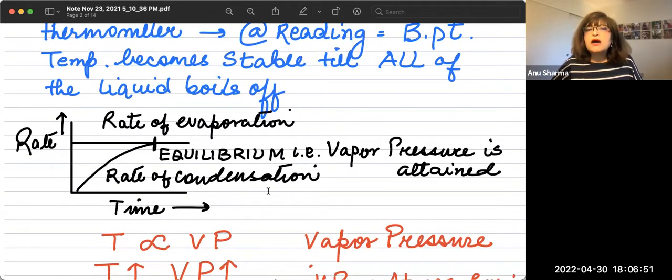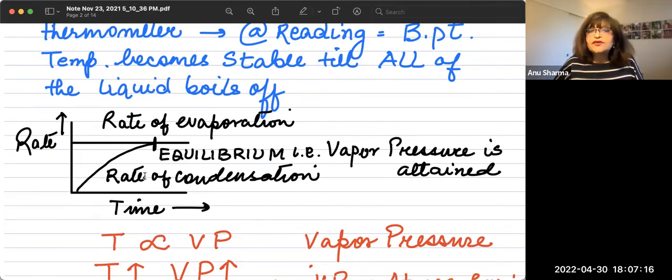Now keep this in mind, that as the liquid is vaporizing, two things are happening. One is that evaporation is occurring. Yes, the water is converting from the liquid to a gaseous state, but at the same time, condensation is also happening. The forward direction is evaporation, the backward direction is condensation.